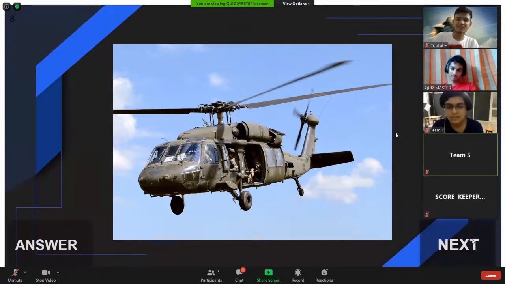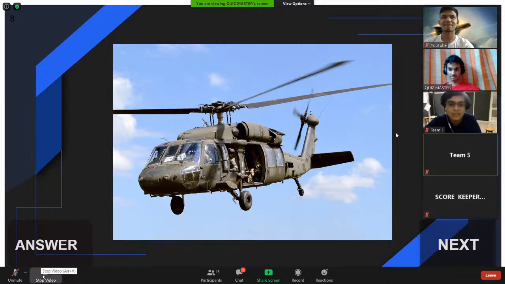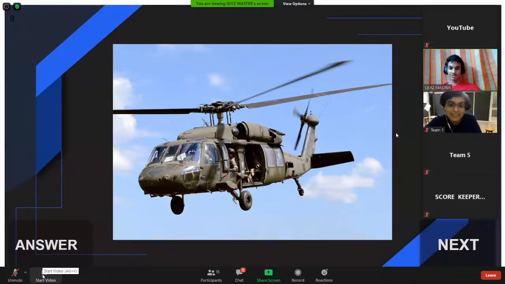Pounce is open. Guys, pounce is open. I don't see any pounces coming in, so I will be closing pounce. Okay, team 3 pounced, team 4 pounced. Pounce is closed.